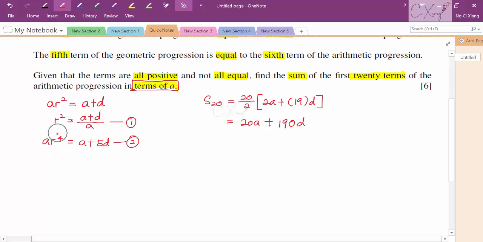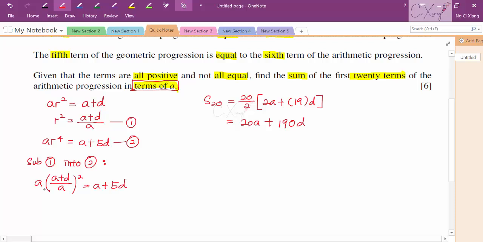First I need to get rid of the R so that I can express D in terms of A. To get rid of R, I substitute equation 1 into equation 2, where AR to the power 4 becomes A times ((A plus D) over A) squared, and that equals A plus 5D.